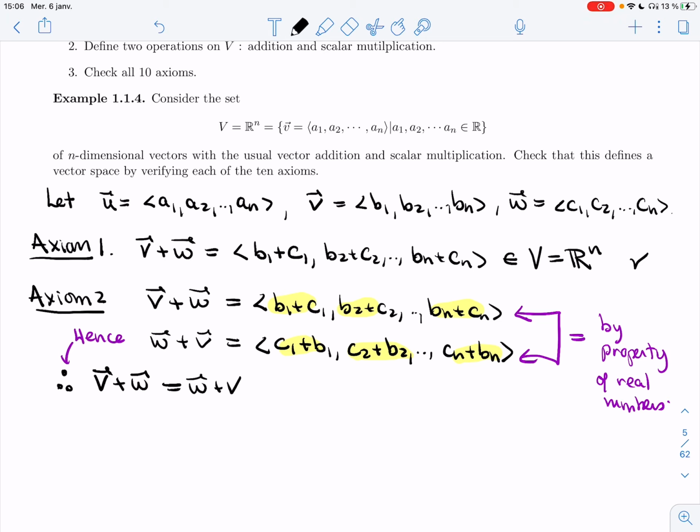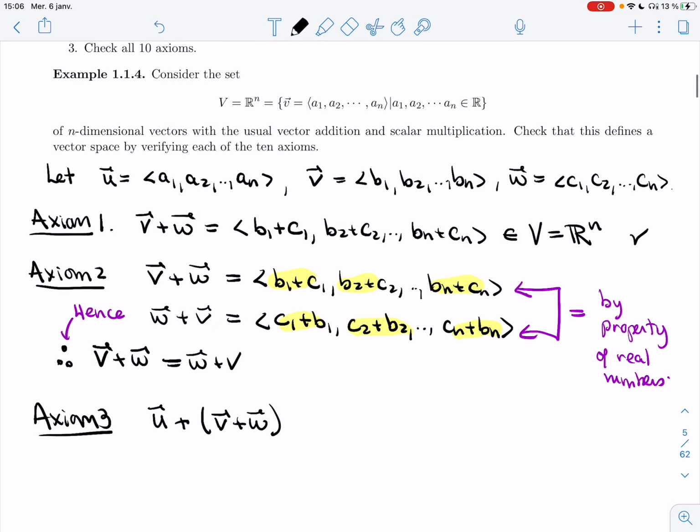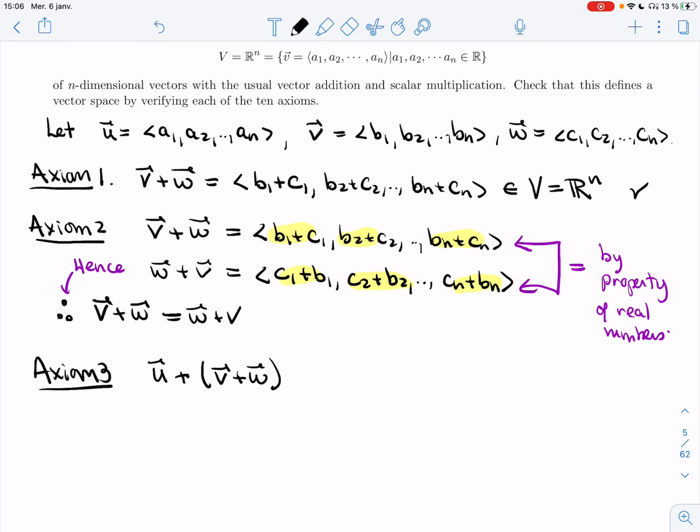Let's look at axiom 3. In axiom 3, I want to compare (u plus v) plus w with the same expression, but with the parentheses in a different spot. So let me spell this one out.